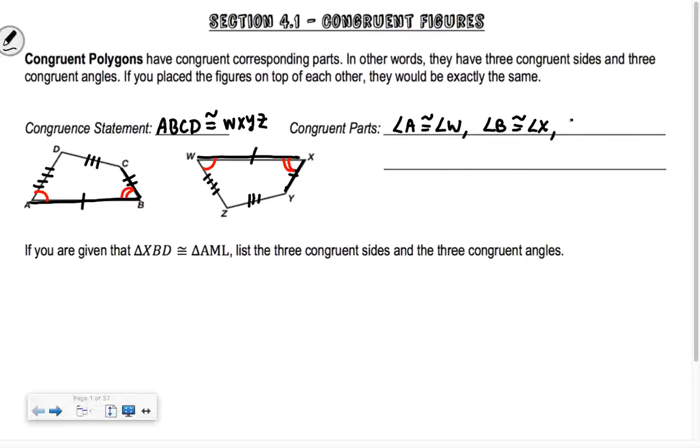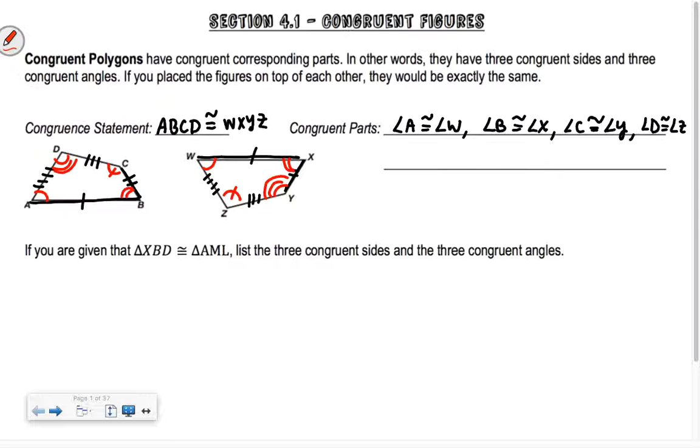And so on. Angle C is congruent to angle Y, the third letter, and angle D is congruent to angle Z. You can see those in the picture. Sometimes it gets a little crazy once you have 3 swoops, so let's do a swoop with a line on it. That will be the last one.